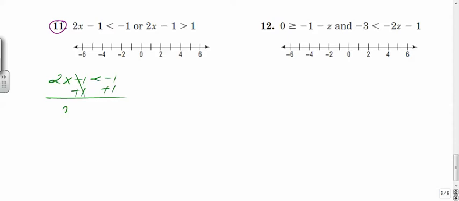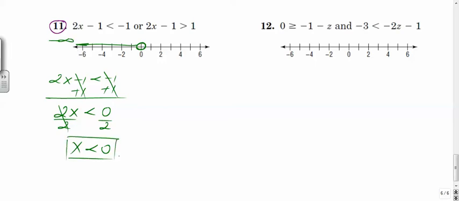You have 2x less than minus 1 plus 1 is 0. Obviously your x is what? What number times 2 is 0? 0, right? x should be less than 0. Open circle, open dot, empty circle, whichever way it goes. Negative infinity, and that's your first one.